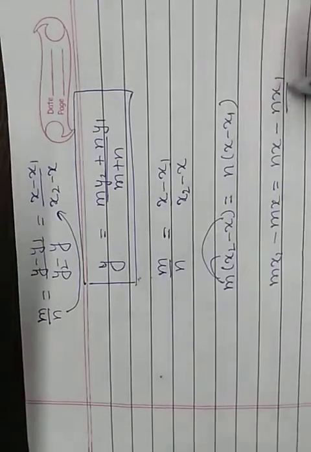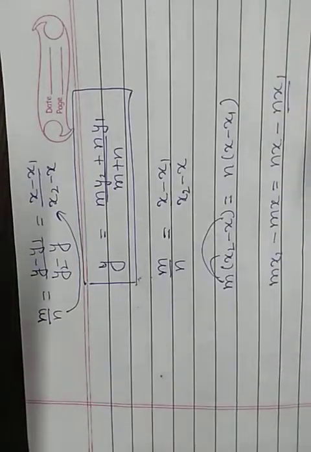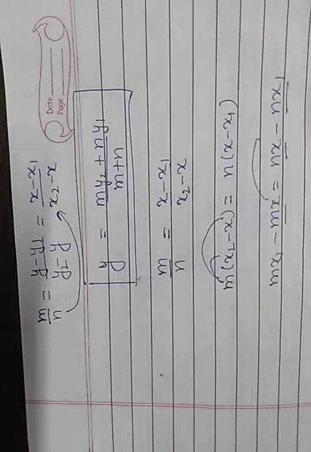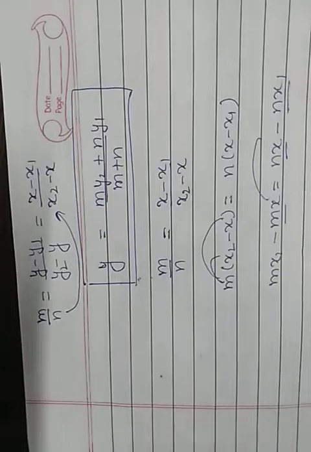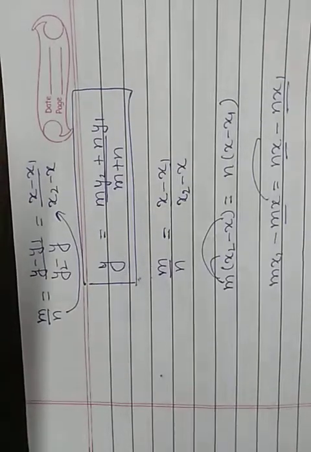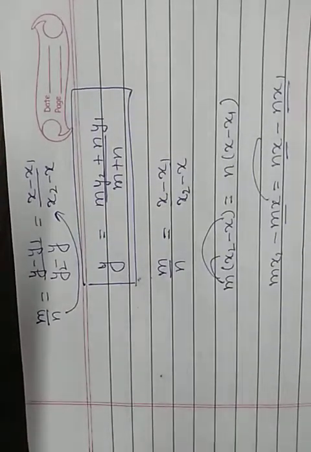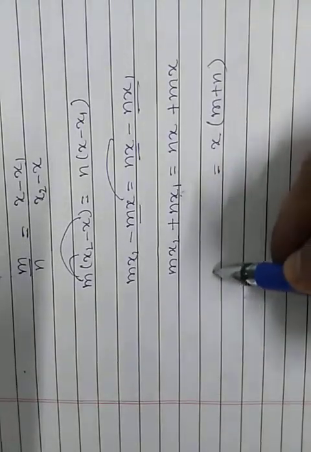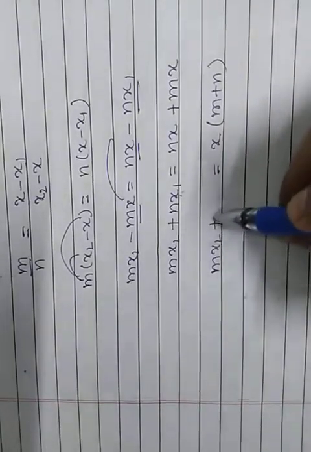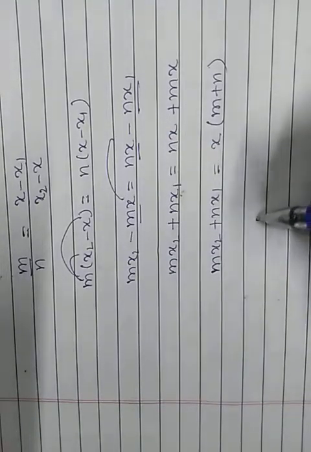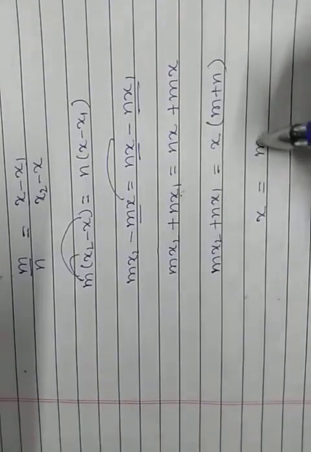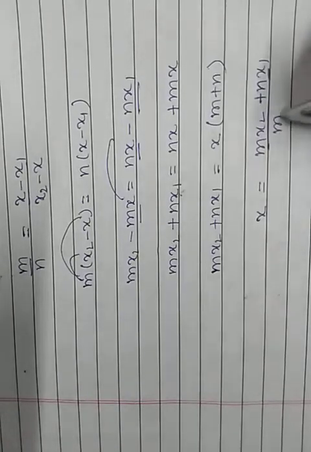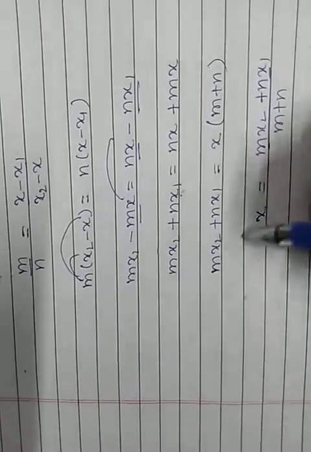So mx2 plus nx1 equals nx plus mx. Now I will take x as common, so here I have m plus n, and here I have mx2 plus nx1. Now by cross multiplication, x is equal to mx2 plus nx1 upon m plus n.